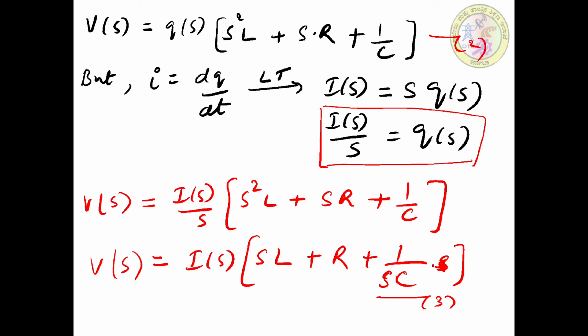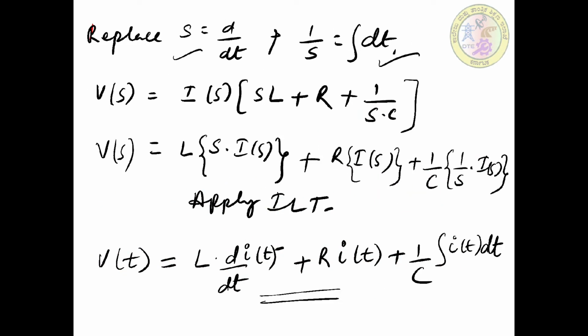Using this final equation, we take the inverse Laplace transform, and during the inverse Laplace transform we replace the s term by d by dt and the 1 by s term by the integral of dt. Then we get a KVL equation, a time domain equation.